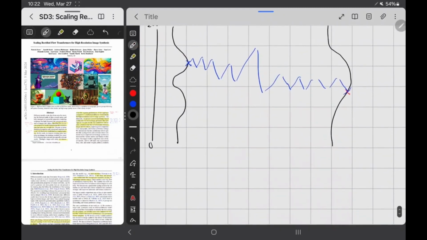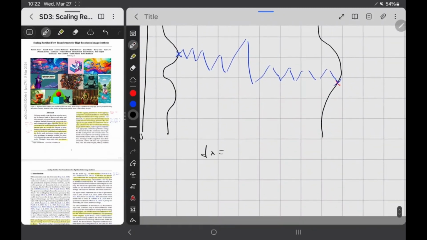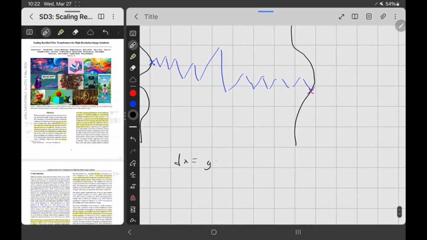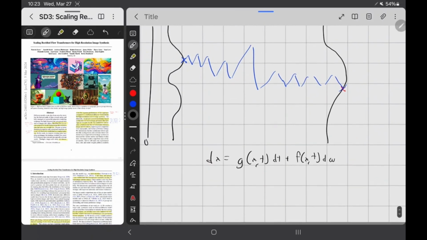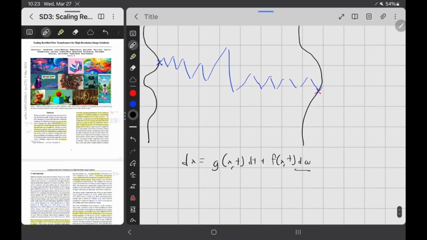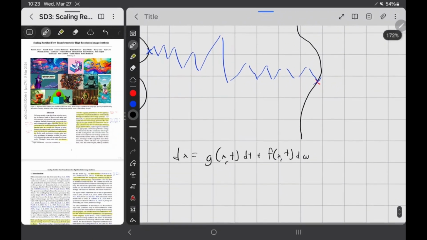This is going to be an SDE for the forward process. So we have our change in x equal to, if I'm remembering this right, g of x and t times dt plus f of, I think it was also x and t, dw, which is the Wiener process, however you want to call that. This is basically just the noise term.